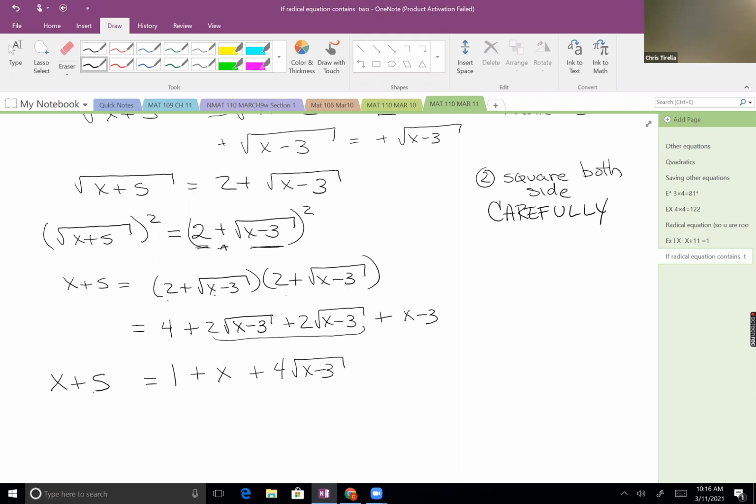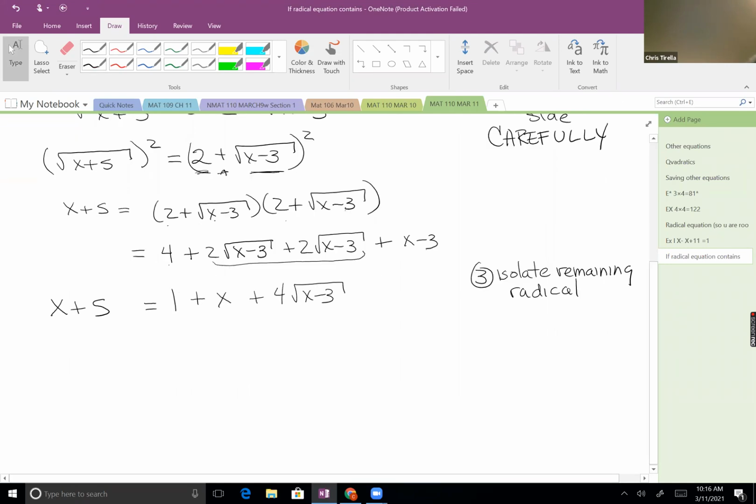And now this equation looks like the ones we did on the preceding page. So let's go ahead and do what we did there. Let's isolate the remaining radical. So I want to get this square root alone. Let me subtract 1 from both sides and x from both sides.